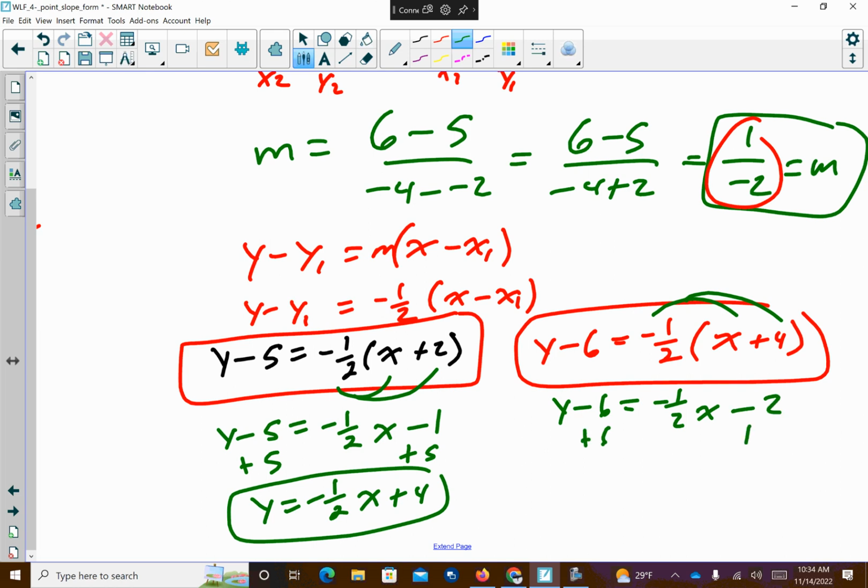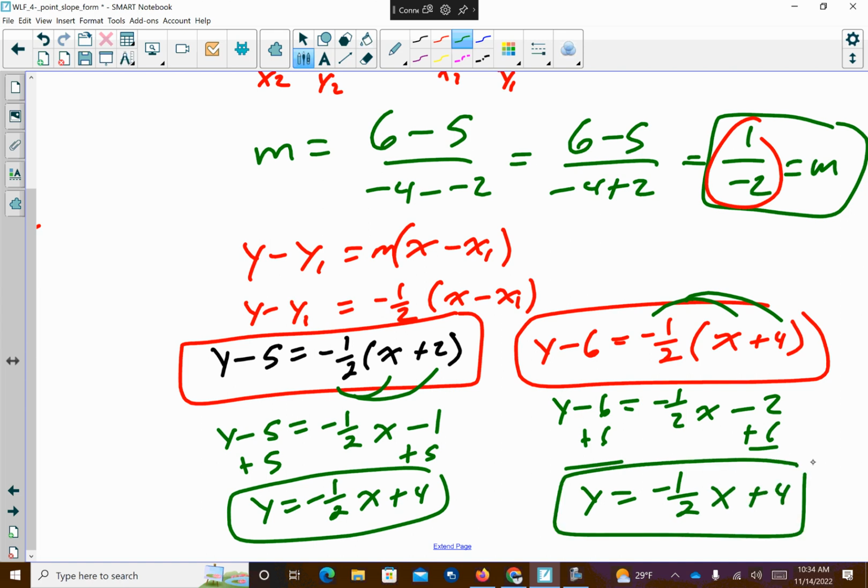Add 6, add 6. Are those the same answer? Mm-hmm. So point slope appears that you had two very different answers, but your two very different answers actually yield the exact same linear equation if you solve for y.